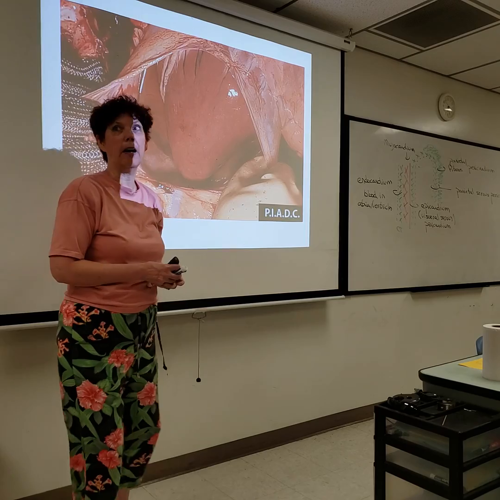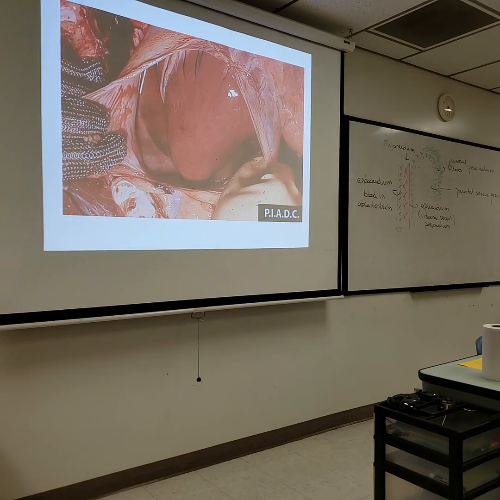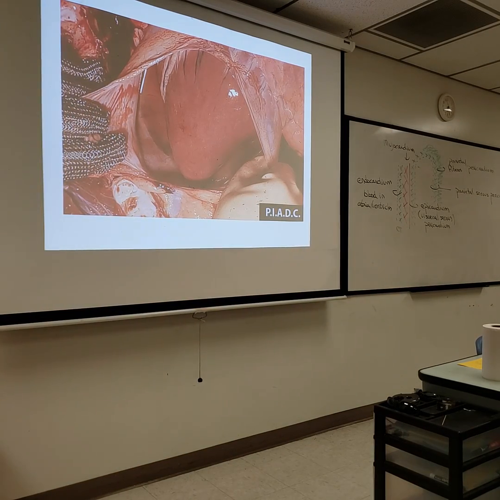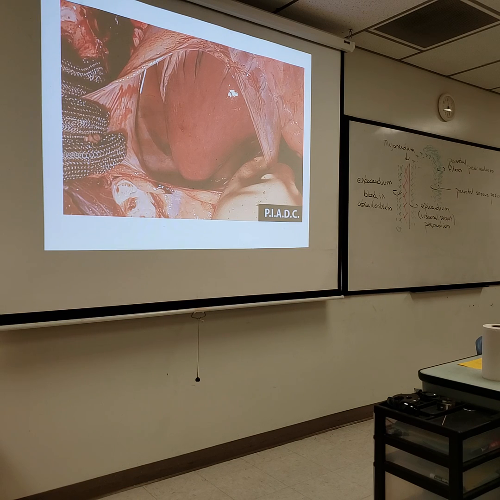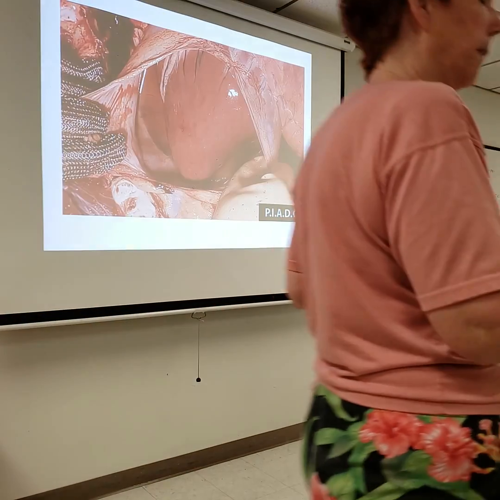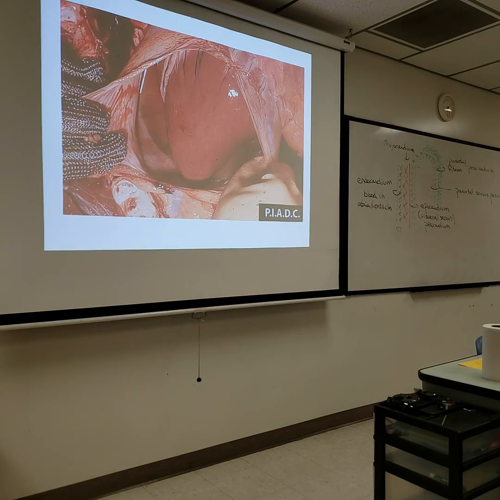Okay? Now, remember the plasticized human pelvis when we passed around? We have some plasticized hearts as well. So I'll pass two around. And the pericardium, the parietal pericardium, has been cut and mostly removed.